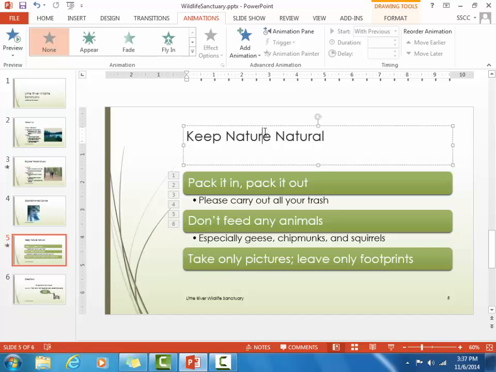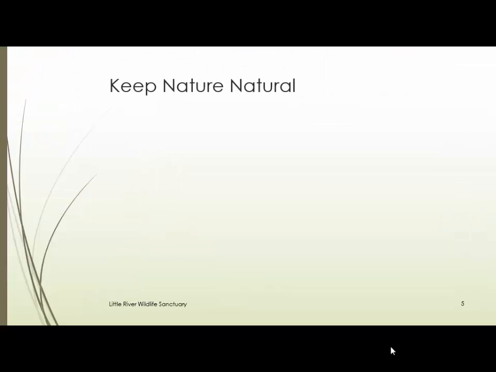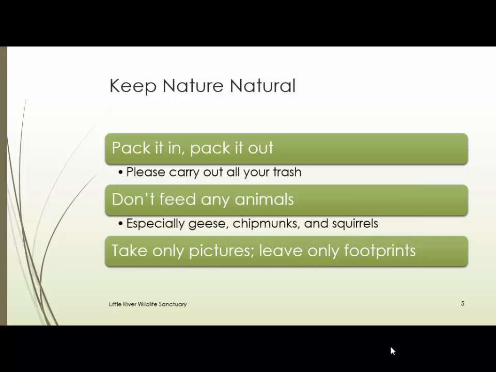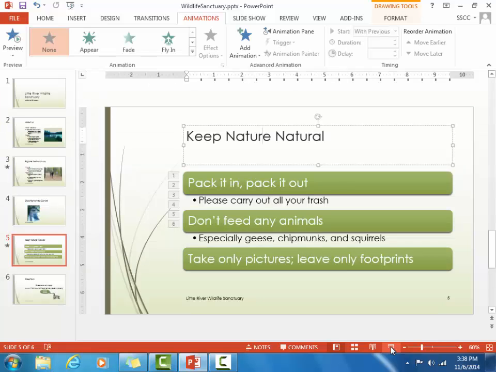Press the space bar 5 times to display each of the 5 items. Okay, we need to take that back to Slide Show. So you have to click over and over to see everything. In the diagram, click Please Carry Out All Trash.